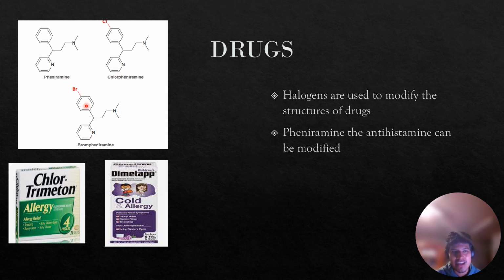So we can see that in the pharmaceutical world, the modification of drugs using halogens can be a big deal, because just with this drug alone, we can see how much it can change by adding an atom to it, or halogen.